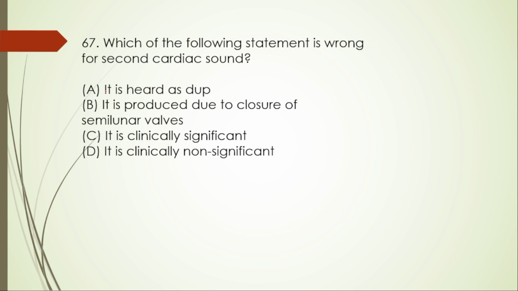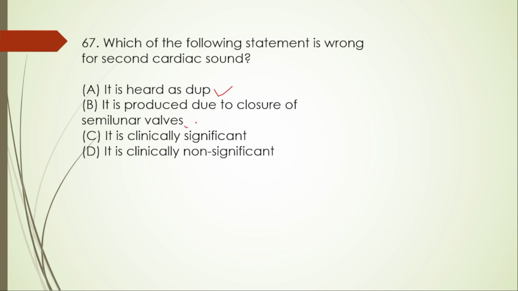Next, 67th one. Which of the following statements is wrong for second cardiac sound? A. It is heard as dub. Correct. B. It is produced due to closure of semilunar valves.